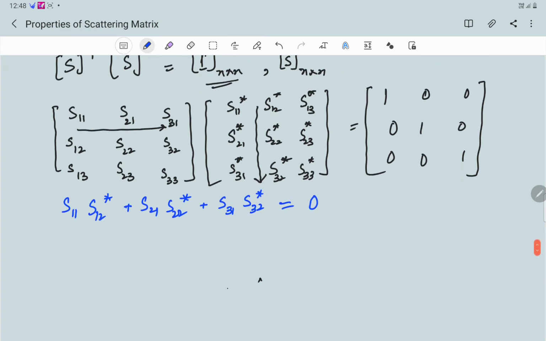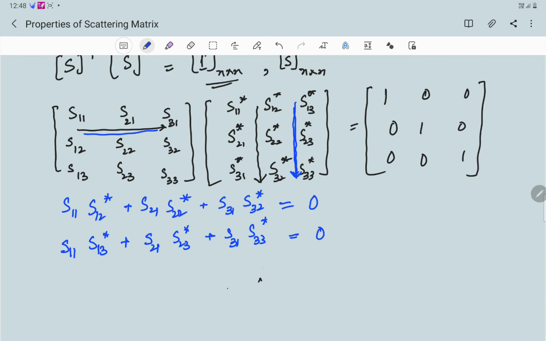Again, I can multiply the first row with the third column of the conjugate matrix. That would be S11 S13 conjugate plus S21 S23 conjugate plus S31 S33 conjugate, and this would again be 0.